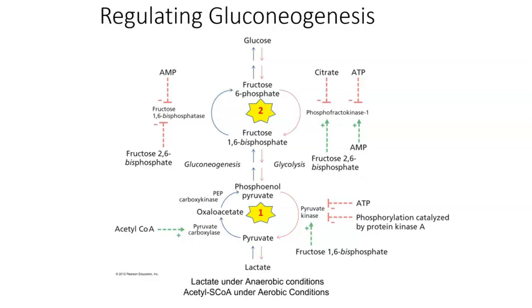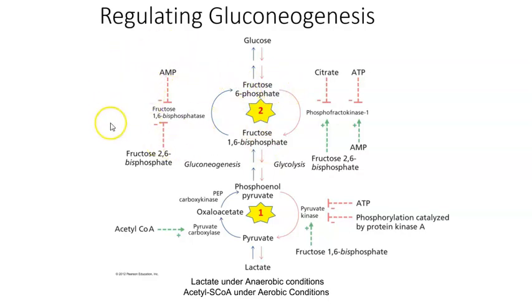In this pathway, there are actually two primary sites of regulation: the conversion of pyruvate and phosphoenolpyruvate, and also the conversion of fructose 1,6-bisphosphate to fructose 6-phosphate and vice versa.